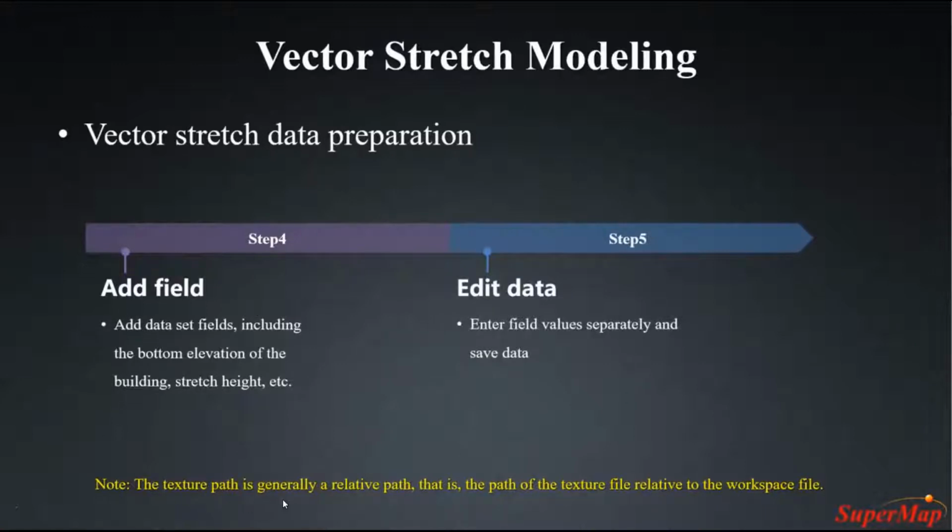The texture path is generally a relative path, and that is the path of the texture file relative to your workspace file. So when you set your texture file, you should edit it beside your workspace and set it as a relative path.